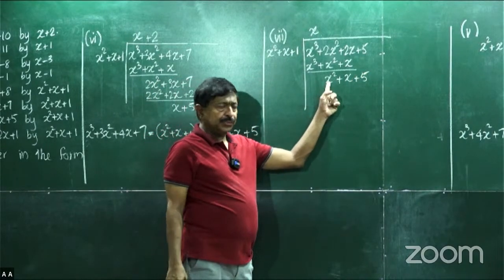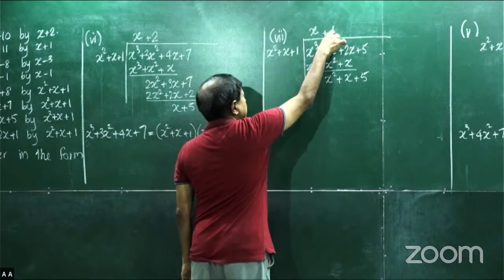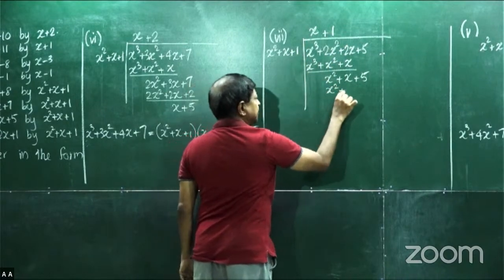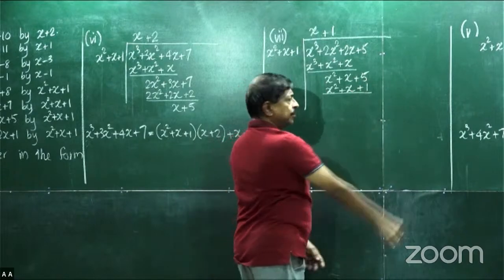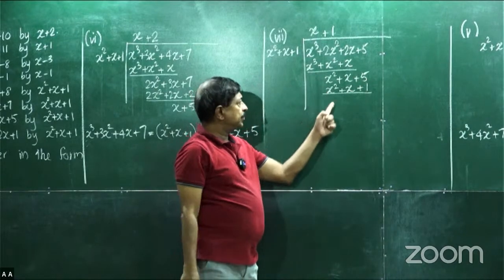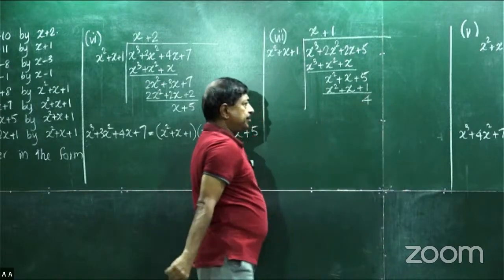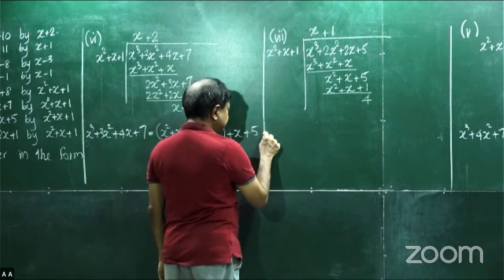Now divide x squared by x squared, you get 1. Now multiply 1 times this, 1 times x, 1 times 1. So when you subtract, you will end up with 0, 0, and 5 minus 1 is 4. So if you write this in the same format, you will end up with this one.